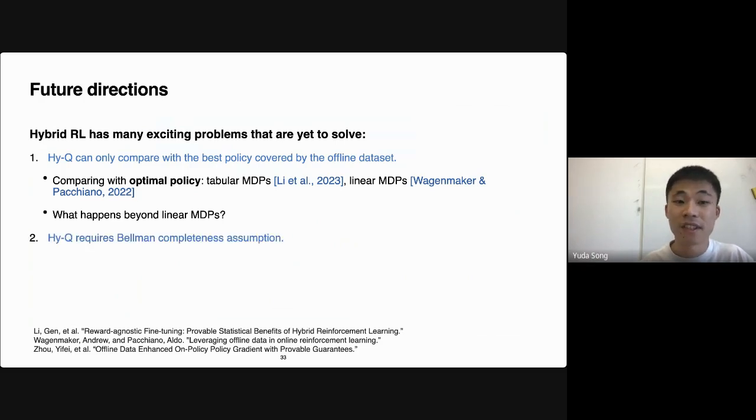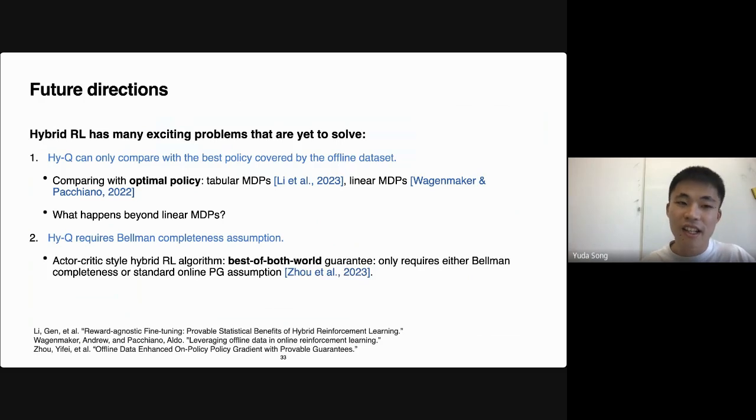We still don't know. Again, HighQ requires the Bellman completeness assumption. In a recent work, we have an actor-critic style hybrid RL algorithm with a best-of-both-worlds flavor, requiring either Bellman completeness or just standard online policy gradient assumptions.